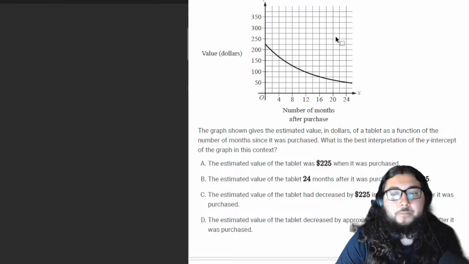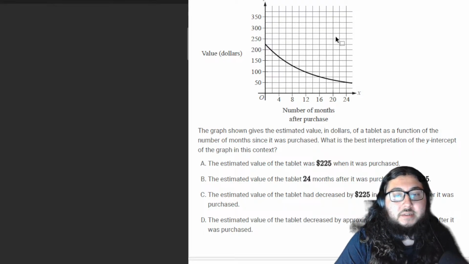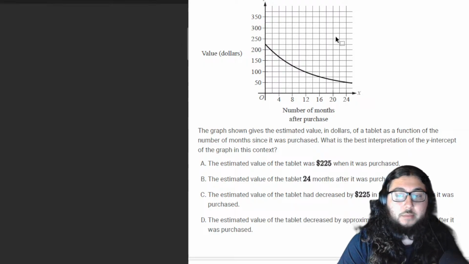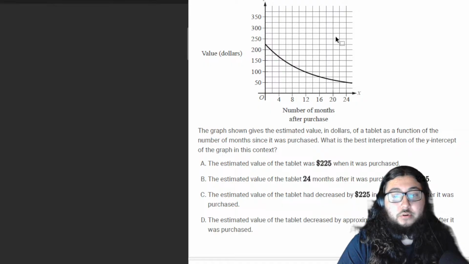So in this case, we can interpret the y-intercept as an initial value, since the function gives the estimated value of the tablet as a function of the number of months, which means that the y-intercept occurs at 0 months, when the tablet was just purchased. So that means that the estimated value of the tablet was $225 when it was purchased.